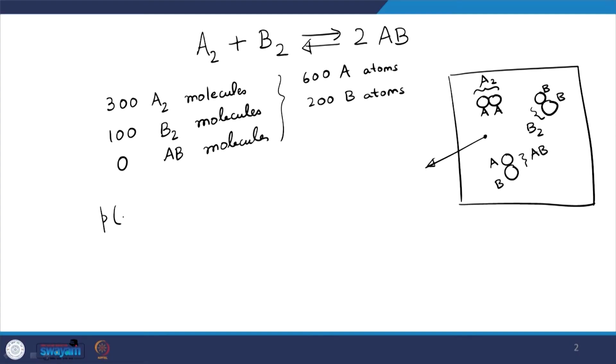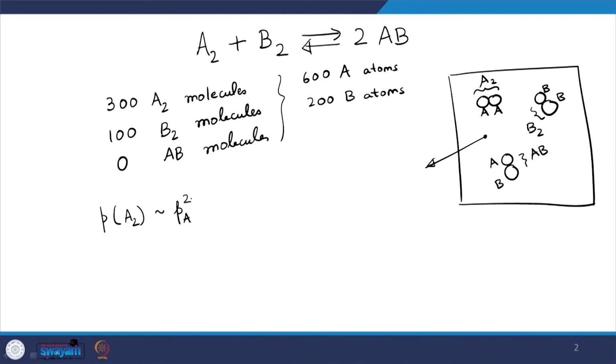That must depend on the number of A atoms in the system, right. So, this probability of A2 will depend on the probability of finding an A in the system, that becomes the first atom. Now, the second A should also be found in the same volume, right. So, a molecule has 2 atoms. It should find one A and another A. The probability of finding the first A is PA. The probability of finding the second A is also PA. So, it becomes PA squared.